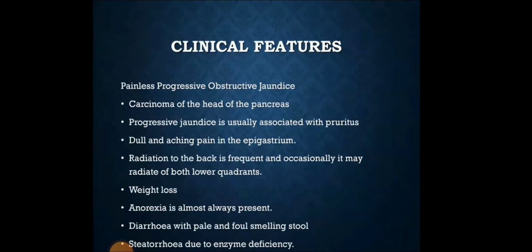Now it is about the clinical features. Two types of presentation are usually seen. One is painless, progressive, obstructive jaundice. Another is intractable pain without jaundice. The first, painless, progressive, obstructive jaundice, is mainly present in carcinoma of the head of the pancreas.